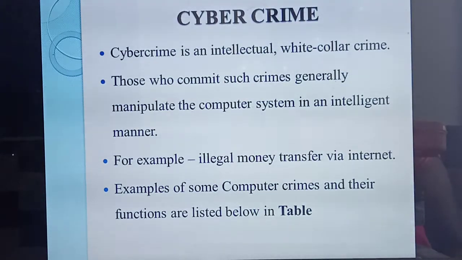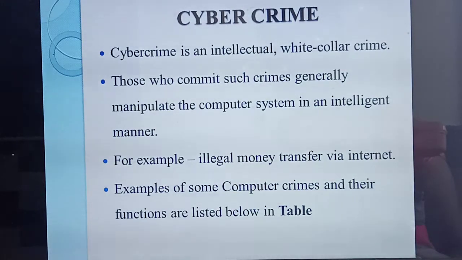You might have seen in most movies, we cannot identify how they are hacking a particular account, how they are doing these hackings. In such an intelligent manner a person is taking others' accounts or bank balances. Such crimes we call cybercrime or white collar crime.